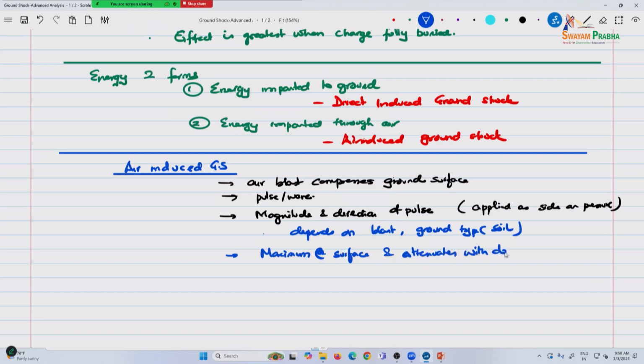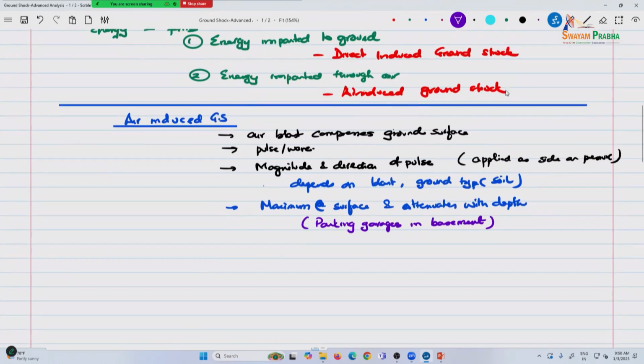So if you have a parking garage in the basement, you should consider this. It is a good consideration for parking garages or other retaining wall type structures in the basement. And if there are other mediums such as water bodies in between, all those things affect it.